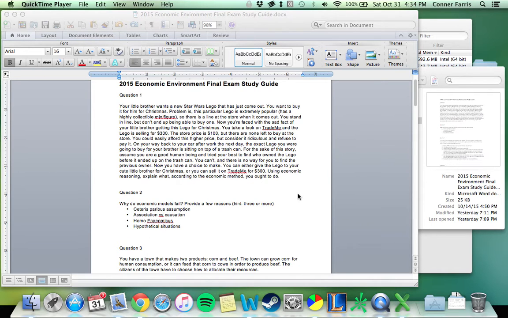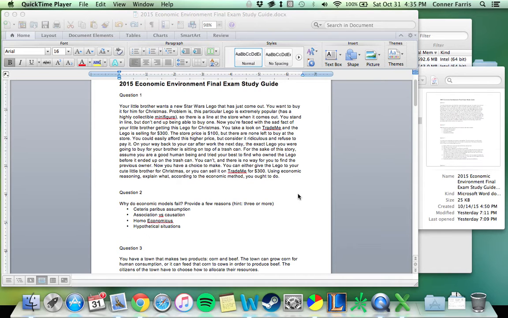So we were perfectly happy to spend $100 before, and now we find this Lego in a dumpster, and it is worth $300. Now, we weren't willing to pay $300 for it before. We were capable of it, but we were not willing to. So if we didn't spend $300 on it before, then we would not feel economically reasonable.